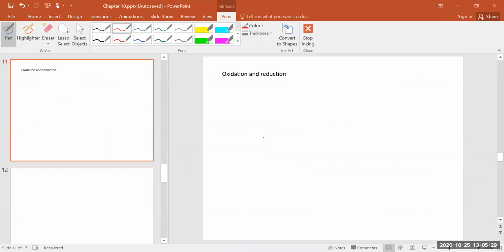Now oxidation and reduction, very briefly. Oxidation means adding an electronegative element, and reduction means addition of an electropositive element.